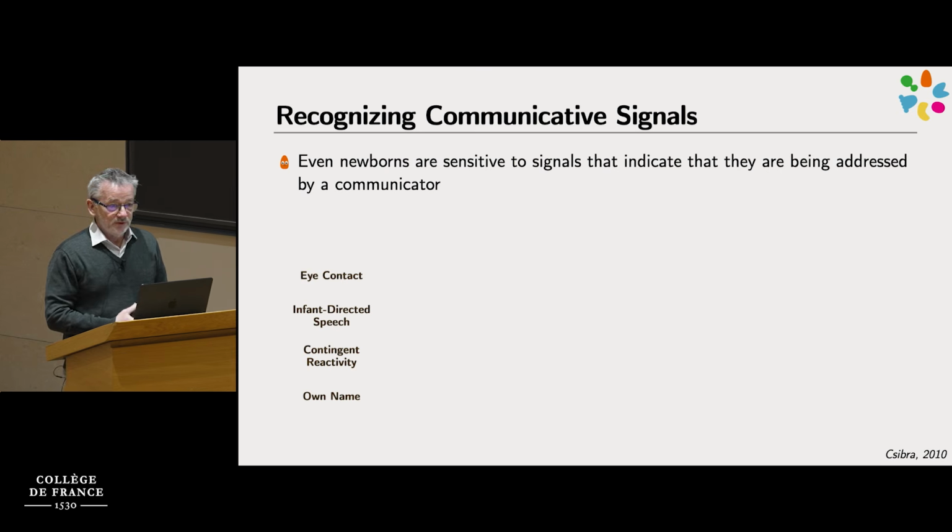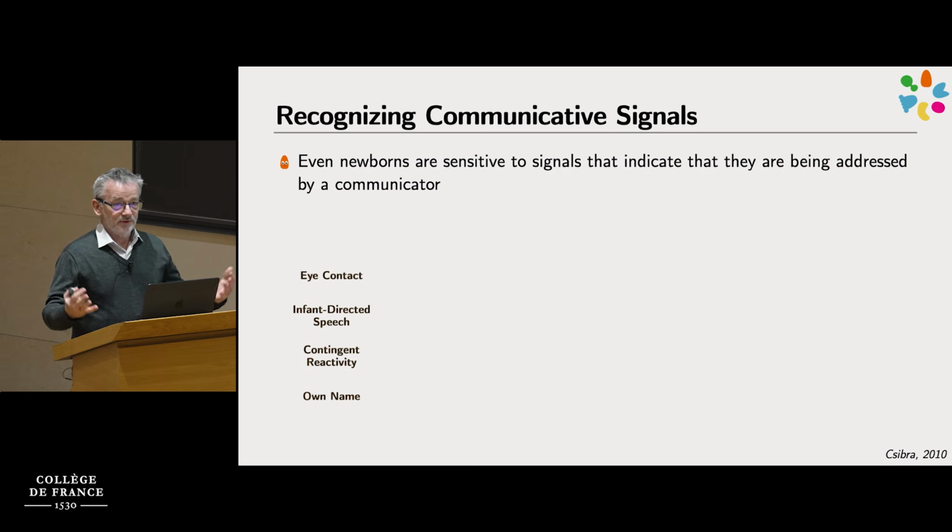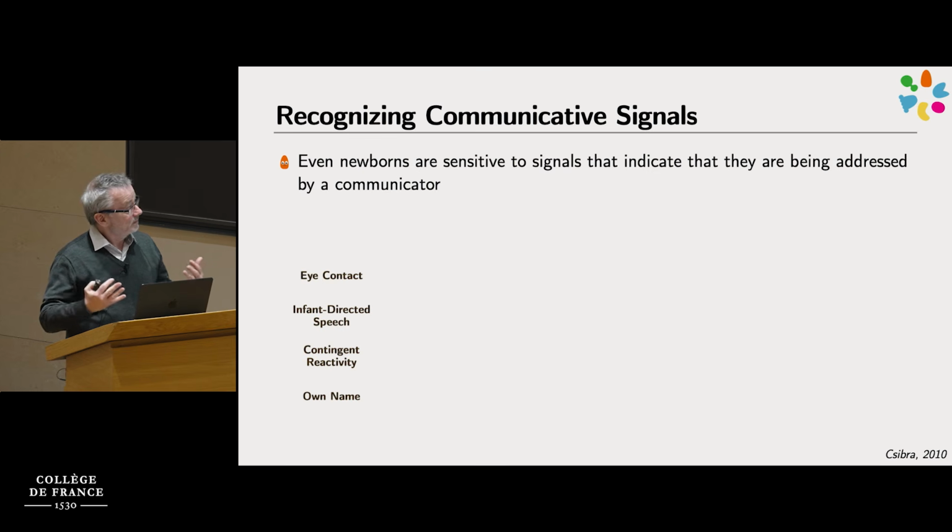Infant-directed speech, which is more specific to infants, some kind of intonation that suggests that someone is talking about something, the specific intonation that you use with infants that suggests to them that they are being addressed by this speech.